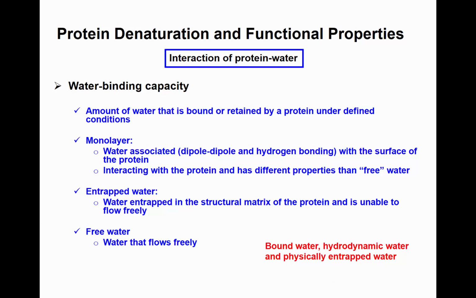There is also the physically entrapped water within the polypeptide three-dimensional structure. And then hydrodynamic water is another name for free water, hydrodynamic because it has movement and is available for reaction. So if you hear these terms, you want to know the differences between them.